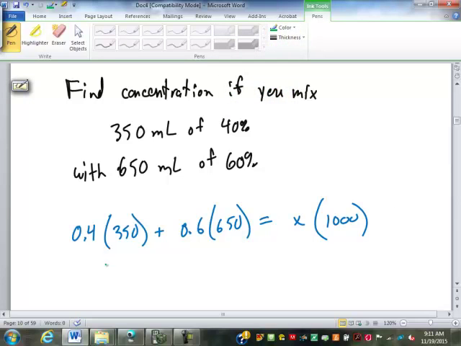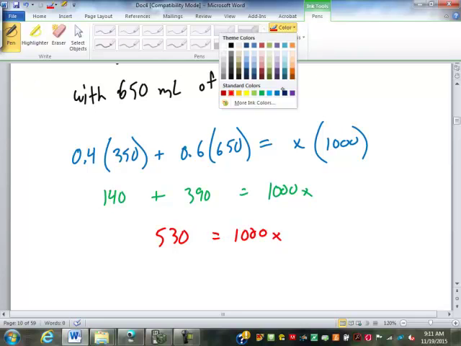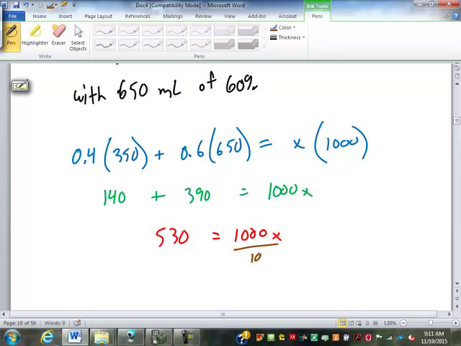So this will be, what, 140 plus 390 equals, I'm just going to write this as 1,000x. X times 1,000 is 1,000 times x. So 530 equals 1,000x. And we divide by 1,000. So 0.53 equals x, or 53% is the final mixture.